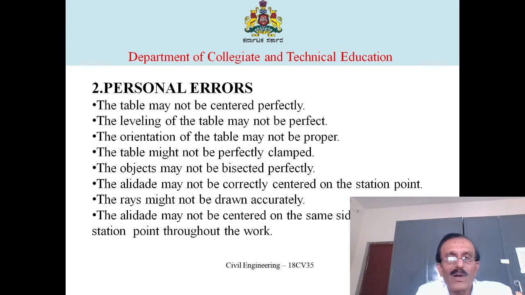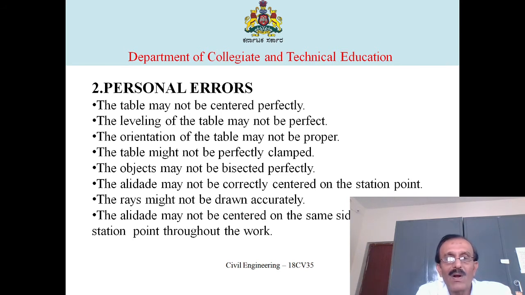Therefore, the plotted position may not be accurate. The leveling of the table may not be perfect. The orientation of the table may not be proper. The table might not be perfectly clamped. If your table is not properly clamped, there will be disturbance in making the observation. The object may not be bisected perfectly.